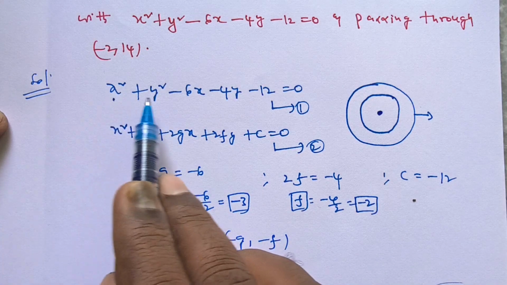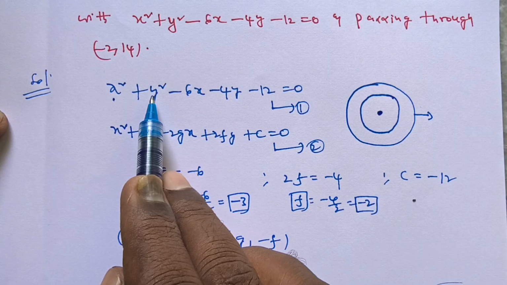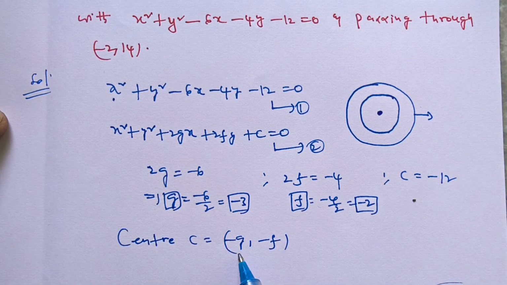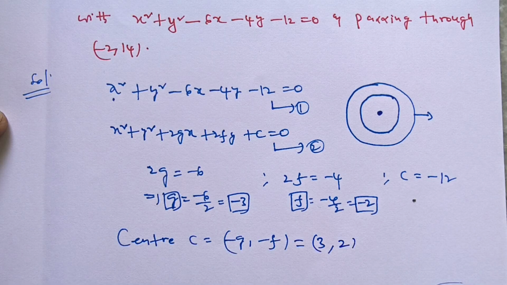If the coefficient of x square and y square are not 1, then we write the coefficient of x square or y square in the denominator of g and f. So C equals to minus g, which means minus into minus plus, g value is 3, and minus f means minus into minus plus, f value is 2.